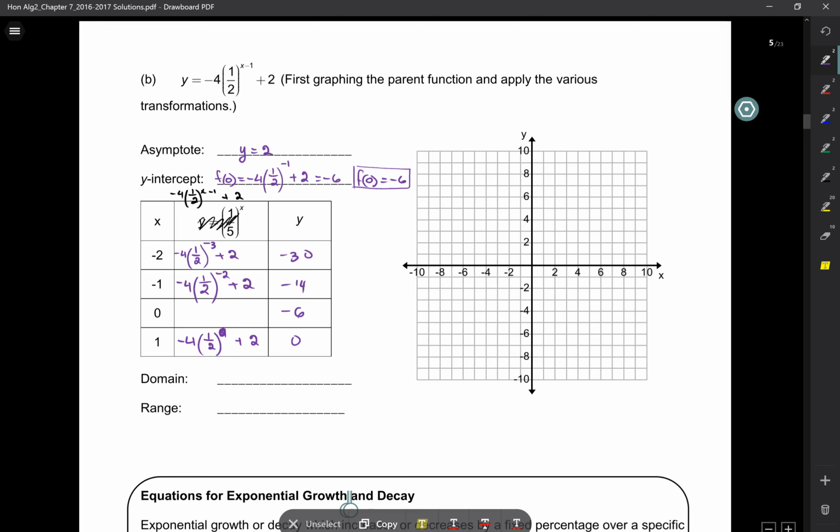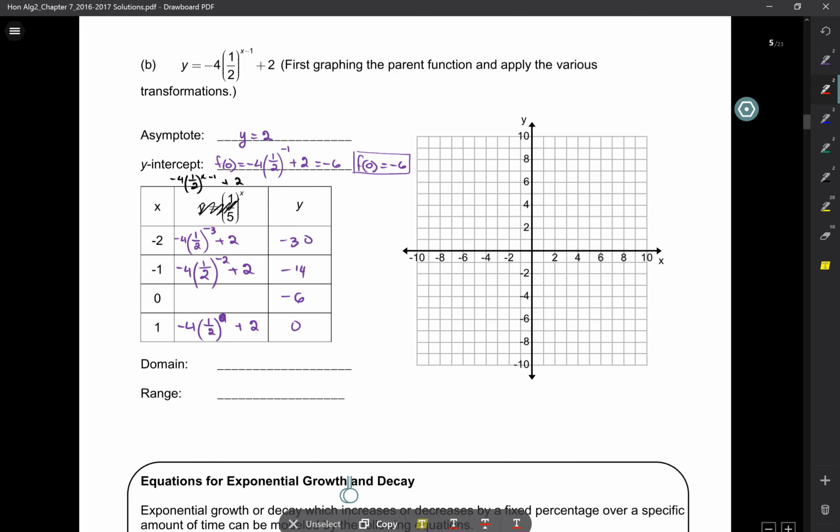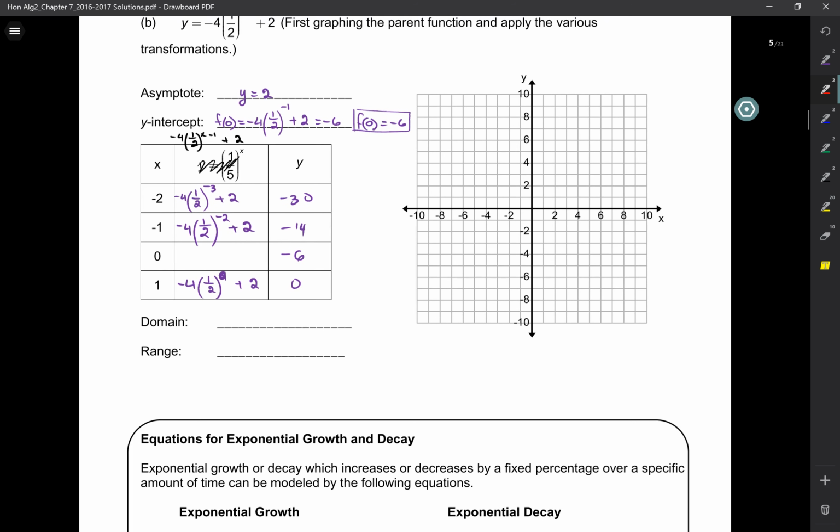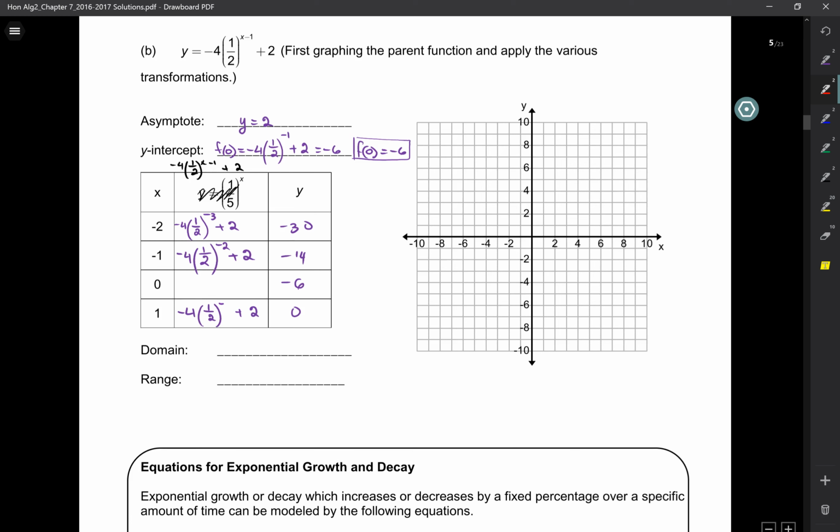Plus 2 is 0, is that right? Now, it was negative 4 times 8, negative 32, plus 2 is negative 30. Yeah, it should be negative 2. Oh, no, sorry, it's negative 2, because this is the 0. So it's negative 2, you're right.